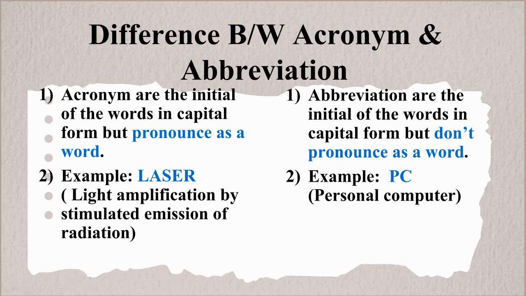Whereas an abbreviation is a shortened form of a word or phrase, often using initial letters, but it is pronounced letter by letter, not as a word. Example, PC, personal computer. In linguistics, acronyms behave like lexical items because they function and are pronounced like ordinary words, whereas abbreviations retain the pronunciation of individual letters.